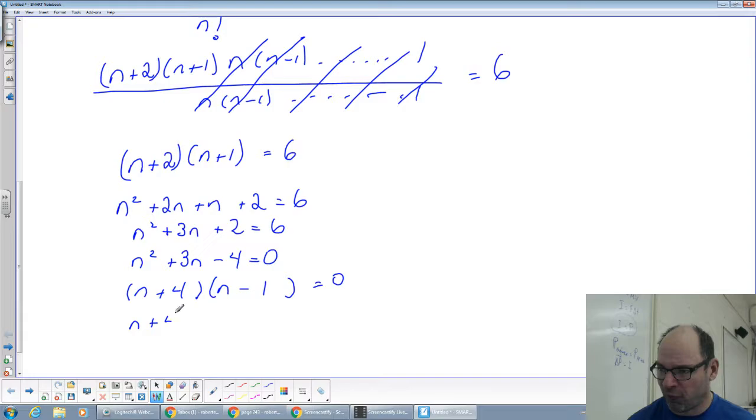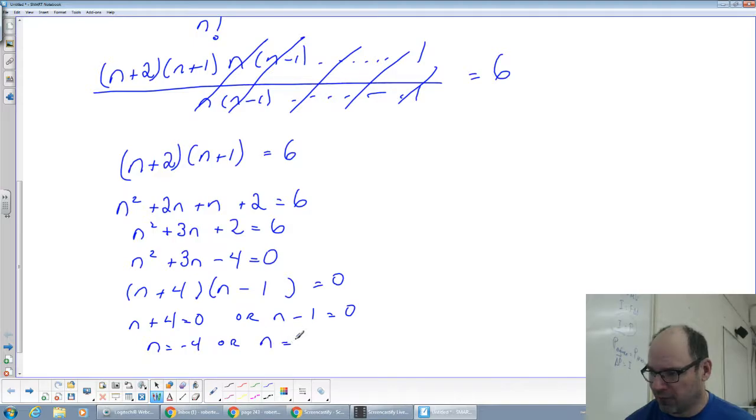We go n plus 4 equals 0, or n minus 1 equals 0. That tells us that n can equal -4, or n can equal 1. So there are two possible answers there. Now, with factorials, we can't have negative numbers. So it'll probably be this one in the book.